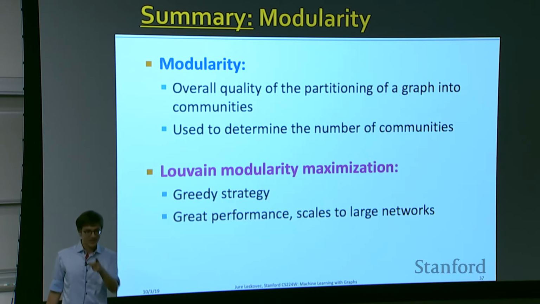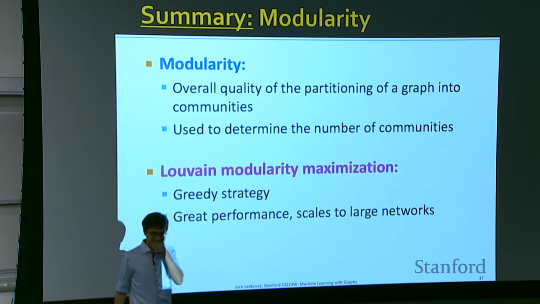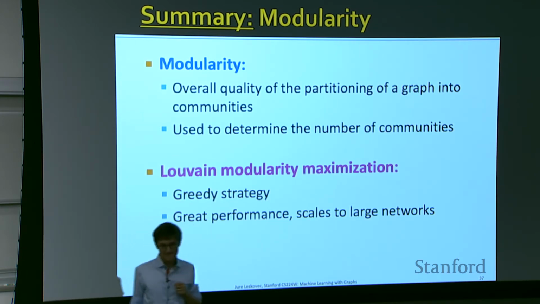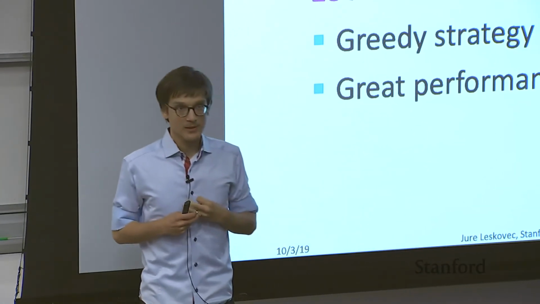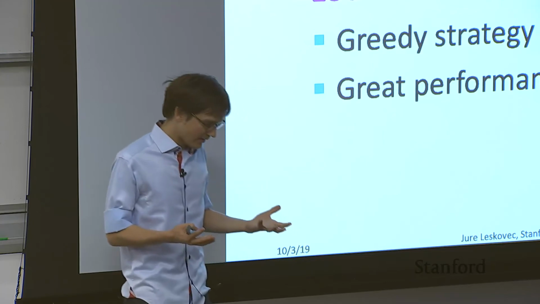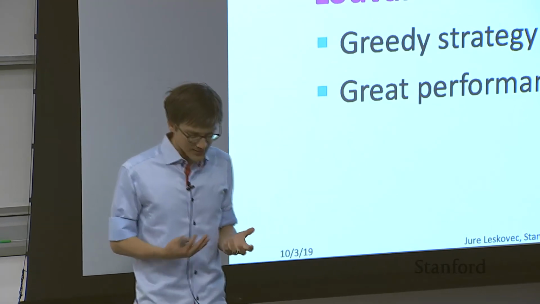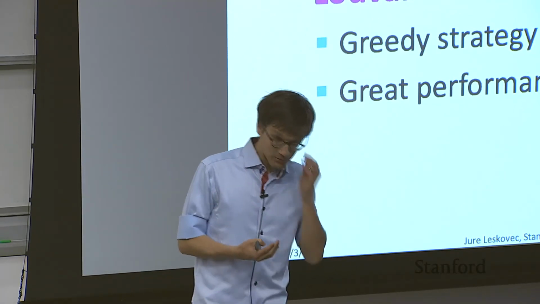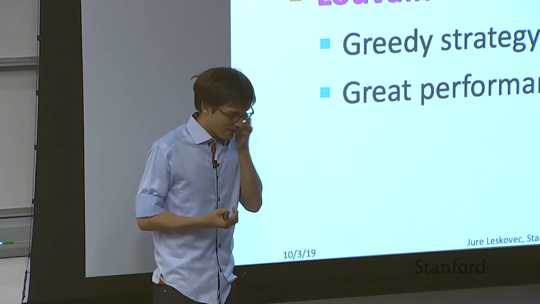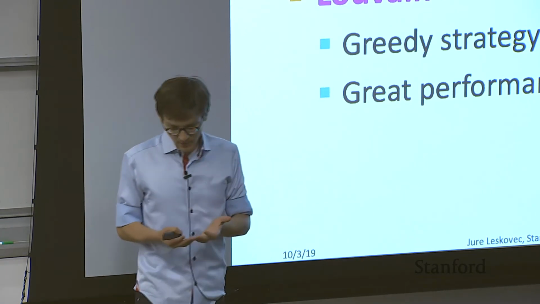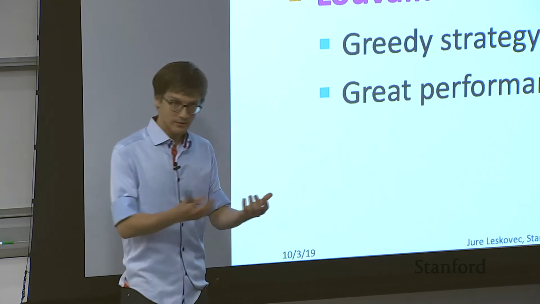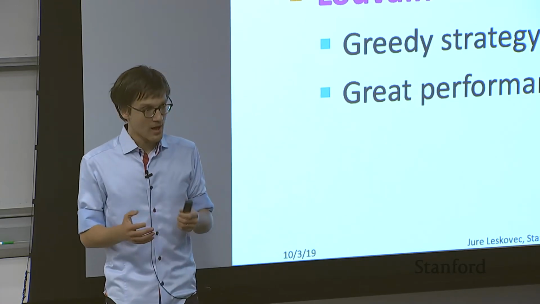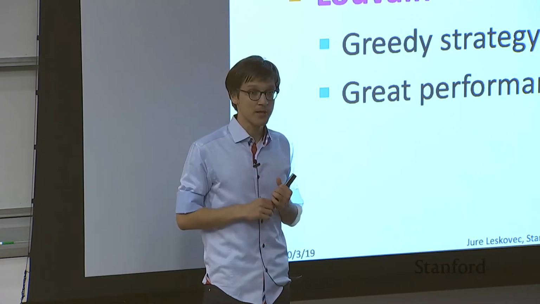All right? Yes? Since Louvain is a greedy strategy, do we know how well it does against the global maximum? Like how optimal it is? So the question is, this is a greedy thing. Do we have any notion of how close it is to the optimal solution? Finding optimal community structure is NP-hard, and I will talk next week on Tuesday about some methods where we get approximation guarantees.